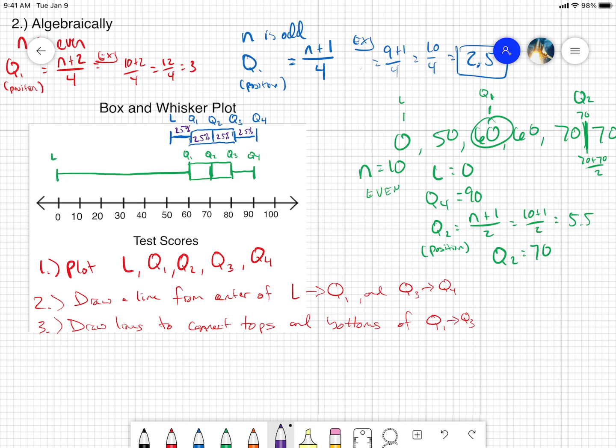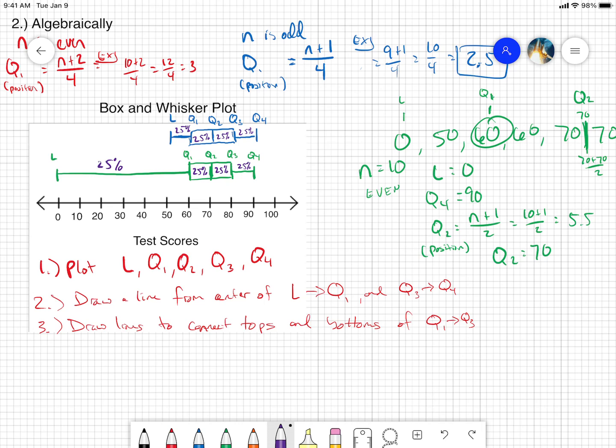But the thing that's still true is that 25% of my data lies within that whisker. And then 25% of my data is within here, 25% is within here, and 25% is within here. Okay? So lots of different things going on in here.